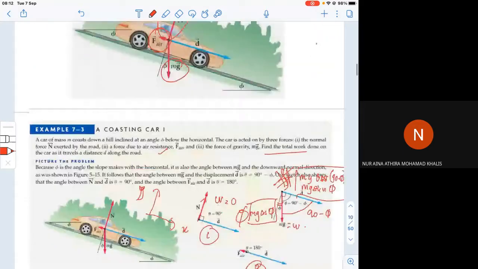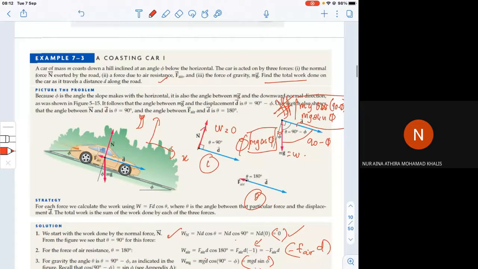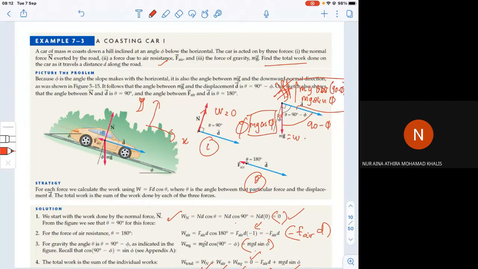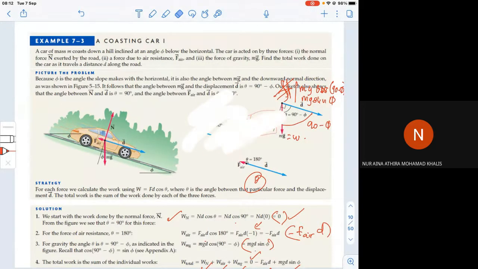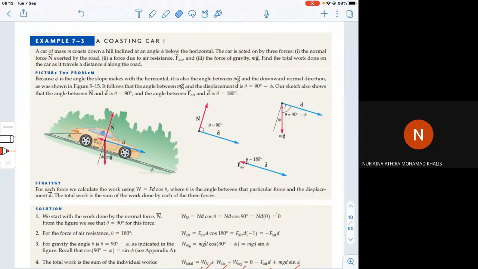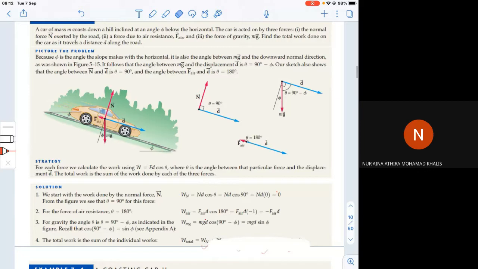So with that, we are discussing this example here about how to get the work by considering every force involved in this part of the example. So that's how we're going to get this kind of situation. Again, I'll just go through.